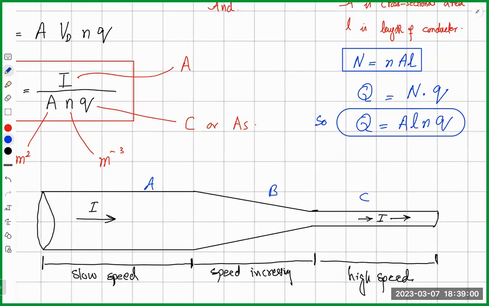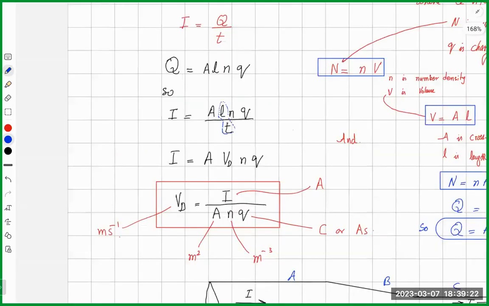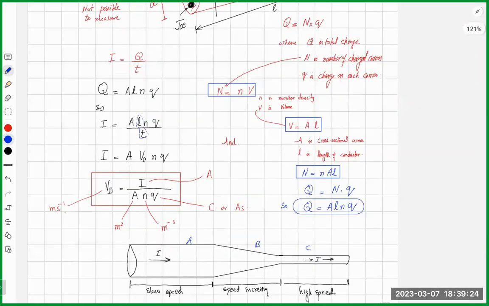So in 1 second, more particles will be passing. The particles at C will be passing with more speed, and particles at A with less speed. By particle, I mean electrons in this conductor. So remember this formula. If you need a screenshot or something, please take it down.